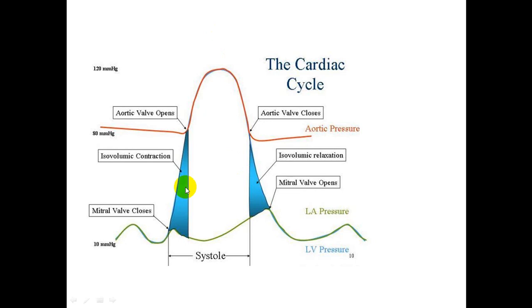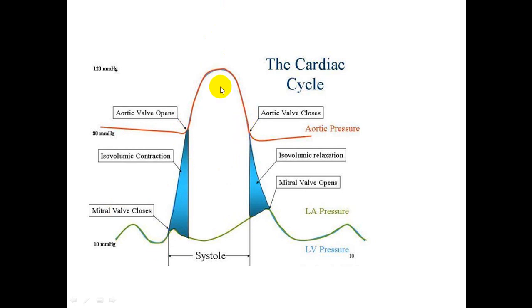This is an important graph that comes in the exam more than once. This is due to the mitral valve closure and semilunar valve closure. This is isovolumic contraction. With the opening of the valve comes ventricular systole, and this is the pressure volume curve of the ventricle and aorta.